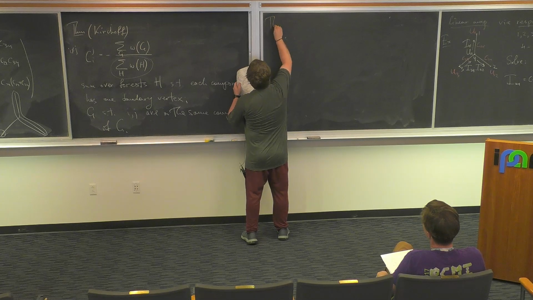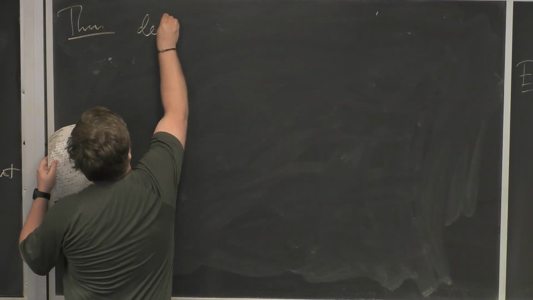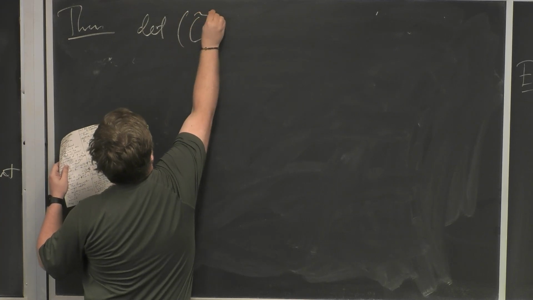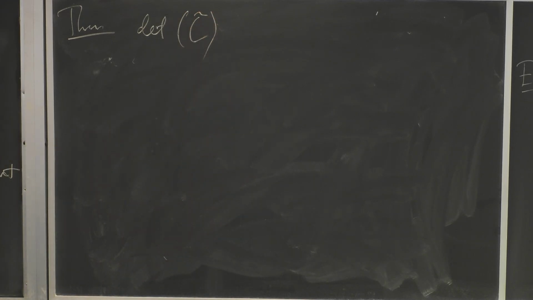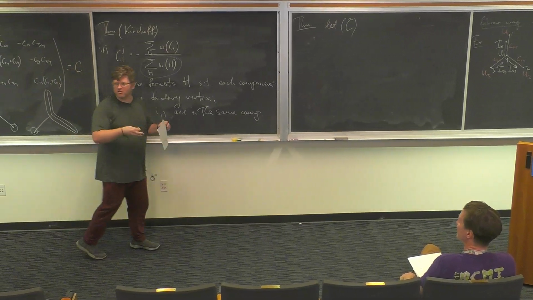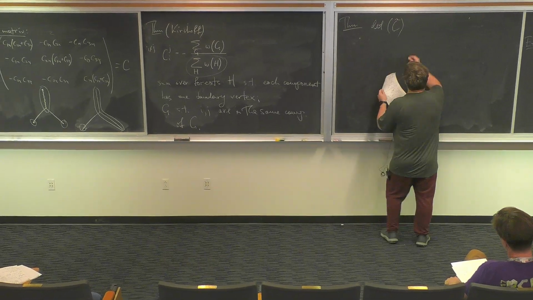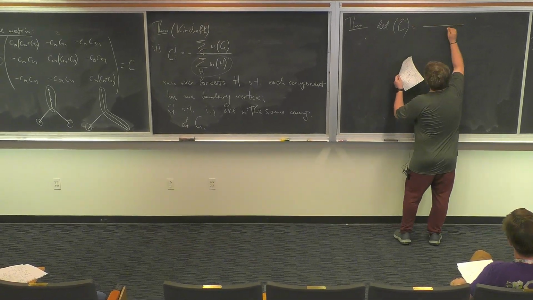So, theorem continued. Let's call the response matrix C, and by C tilde I will mean C with the last row and last column crossed out. So the determinant of C tilde is again something which looks like this.